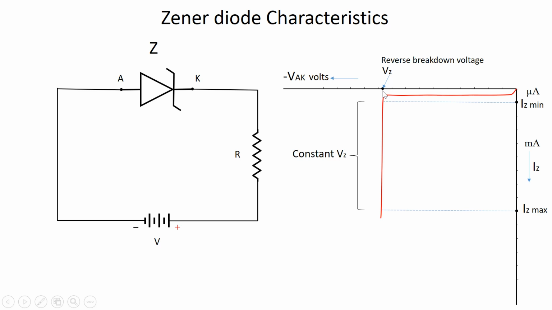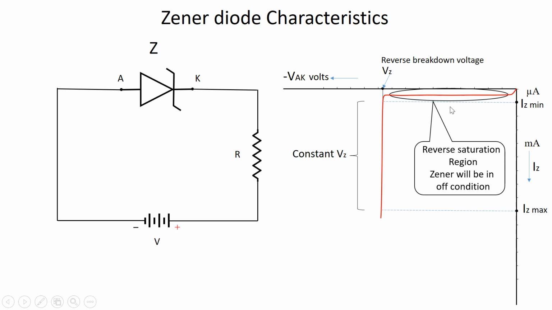At this point, there will be a sharp rise in the reverse current, and the voltage Vz is almost maintained constant throughout this range of Iz minimum through this Iz maximum. And this range of the characteristic is called the Zener active region.